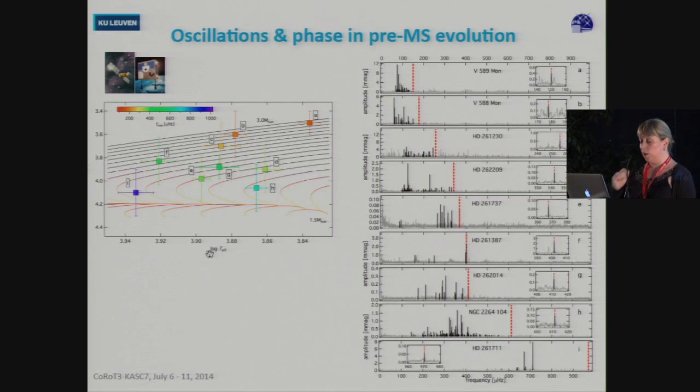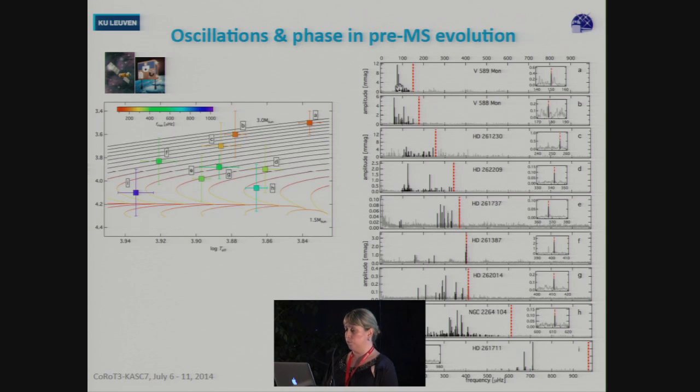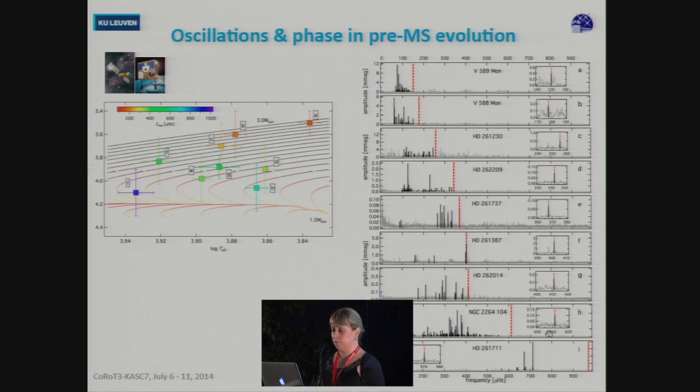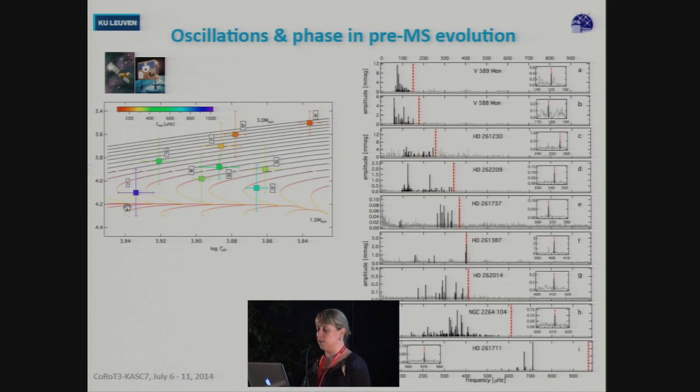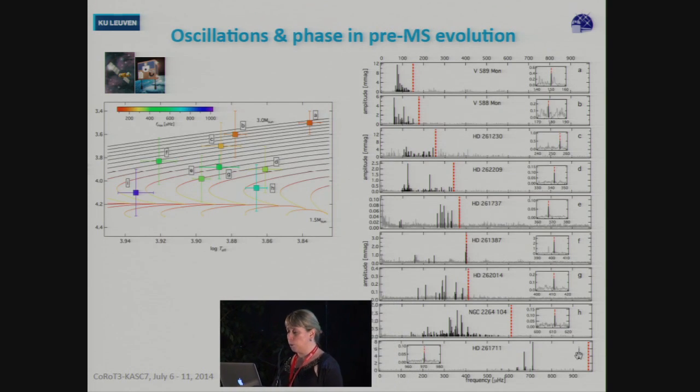And it's even more exciting if you then compare it directly with the amplitude spectra. So you have here a stack of 9 amplitude spectra compared to the plot you just saw before in small. From top to bottom, or from right to left in the Hertzsprung-Russell diagram, you see the amplitude spectra plotted.